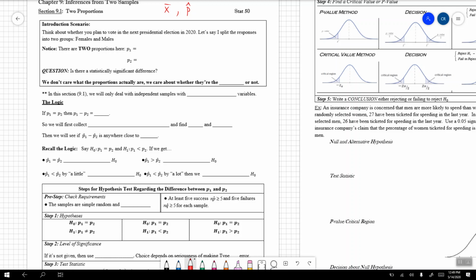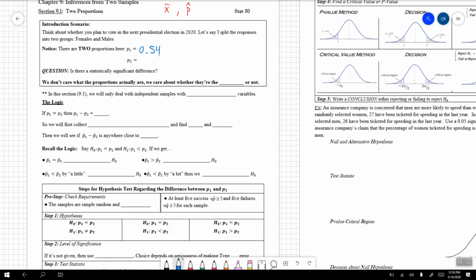There's going to be a certain amount of females that answered yes, and some of them that answer no. From my observing standpoint, that's going to be a certain proportion of females that said yes, they do plan to vote in the next presidential election. Let's say that it was about 54% of the females said yes, they are going to vote in the next presidential election.